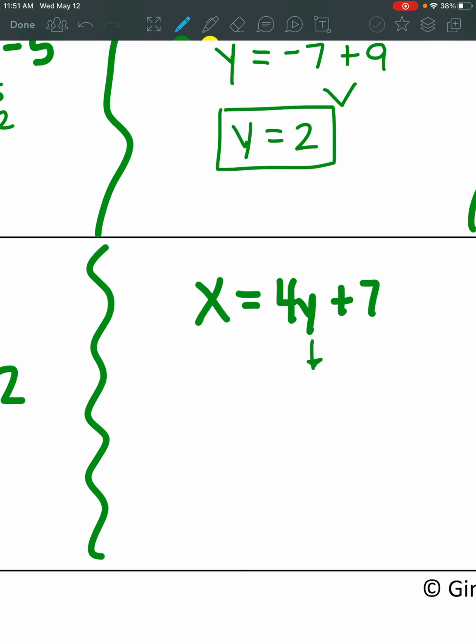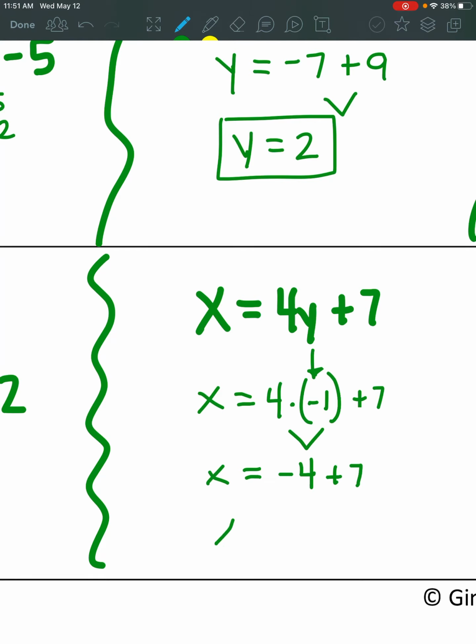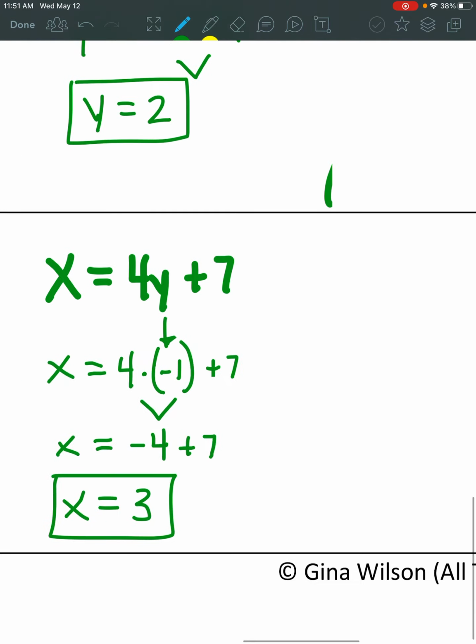And then I'm going to replace my y. So we'll do 4 times y we found out was -1, and then plus 7. So I'm going to solve everything on that right side to get my variable x. 4 times -1 is -4. And -4 plus 7, x equals +3.